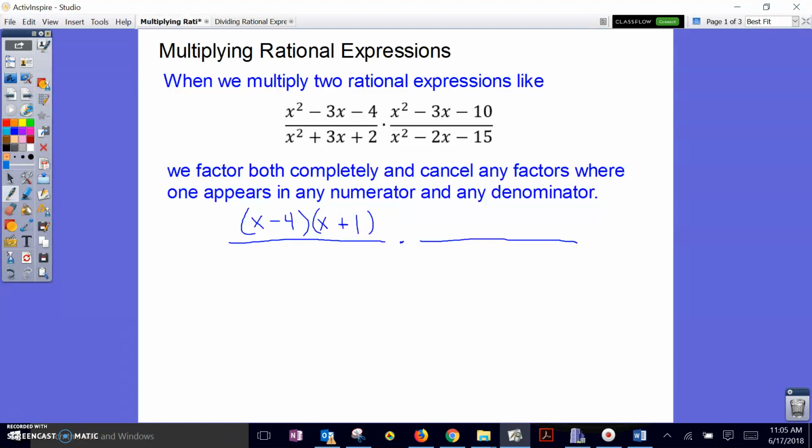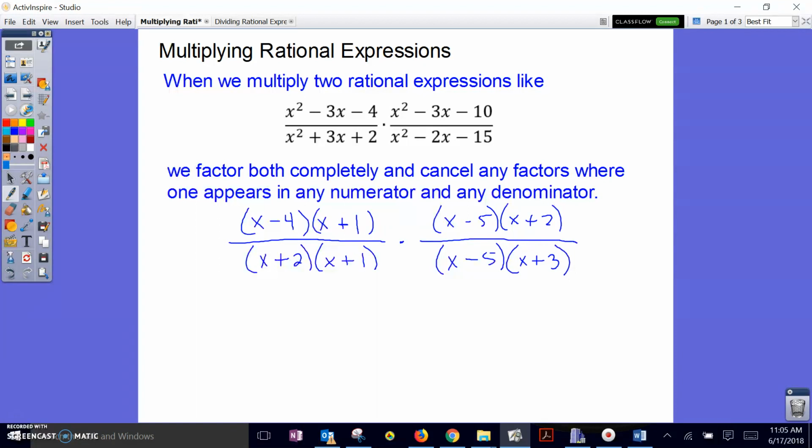And we factor x squared plus 3x plus 2, and that factors as x plus 2 times x plus 1. And then we factor the x squared minus 3x minus 10. That's x minus 5 times x plus 2. And then we factor the x squared minus 2x minus 15, and that's x minus 5 times x plus 3.